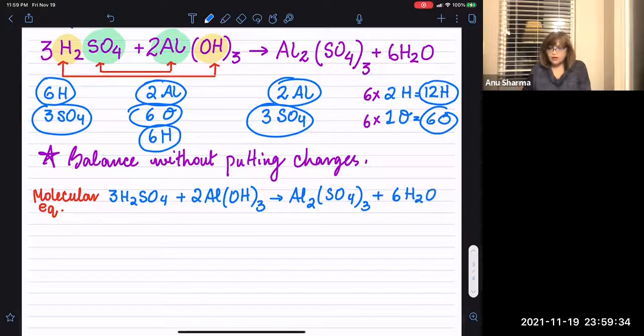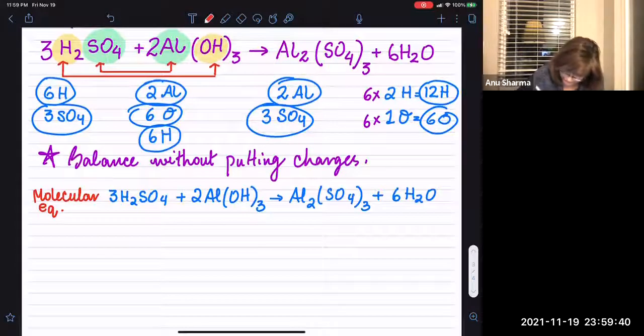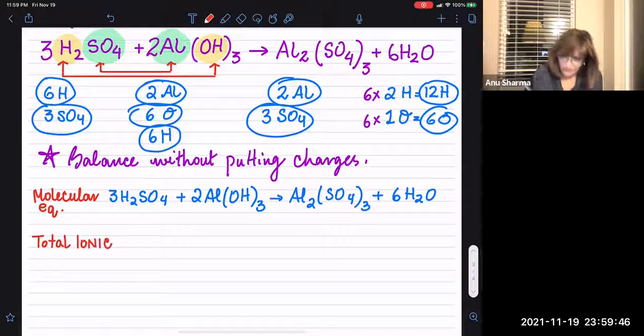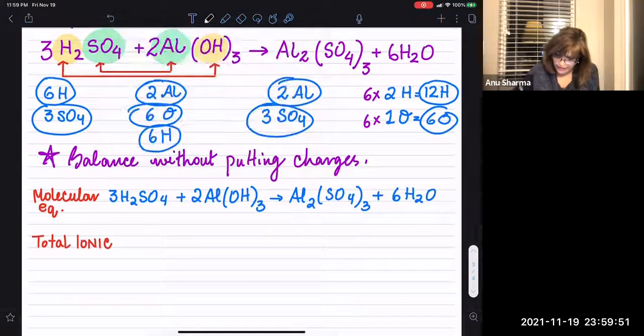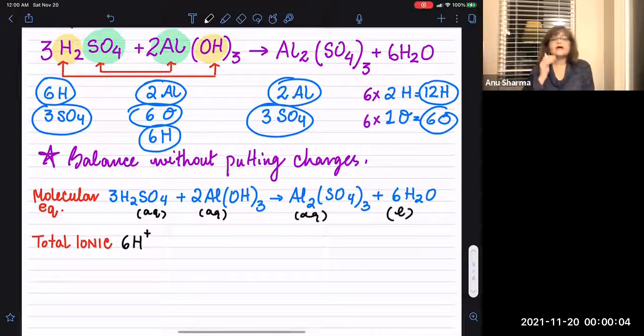All right. Okay. Now we have total ionic. Total ionic is 6. Now you put the charges. So there are 6 hydrogen ions. Oh, there's also aqueous. This is aqueous. This guy is aqueous. This is liquid. It's important.